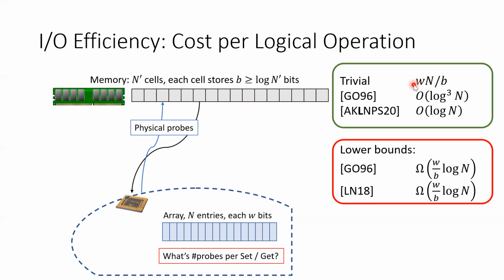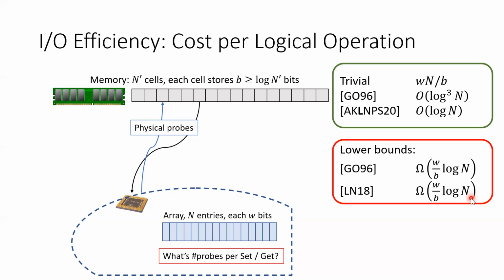It's proportional to the array size for just one single get or set. It's crazy high, so that's not very useful. And in other more complicated constructions, we are able to get down the I/O efficiency to logarithmic in the array size. On the lower bound side, we also have some lower bound that is logarithmic in array size n.